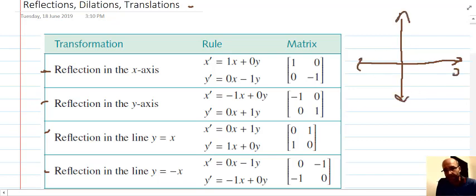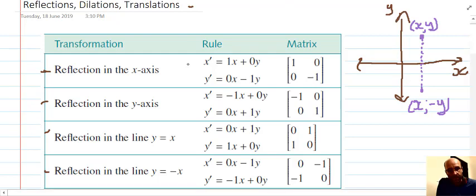And if we reflect in the x-axis here a certain point x, y, we'll have an image in line with, but the same number of units away from the x-axis vertically. So that would come out as x, negative y.